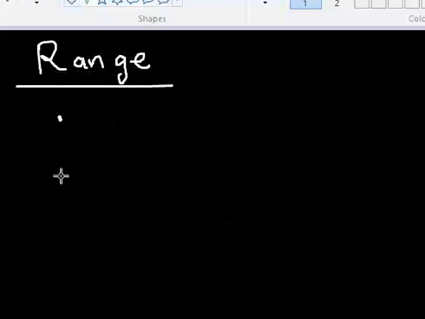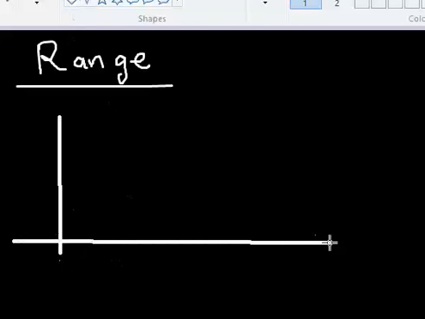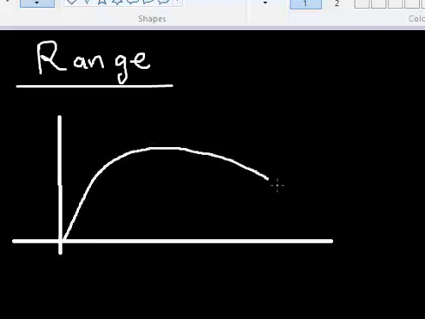So this time around, the range of a projectile is simply the horizontal distance covered by the projectile, which of course is measured from the point where the projectile is being projected to the point where it returns back to the ground.